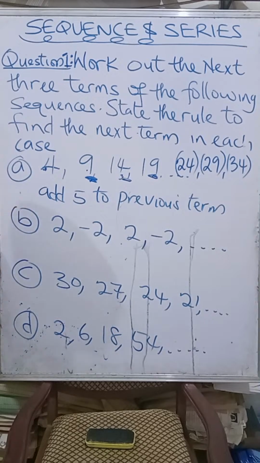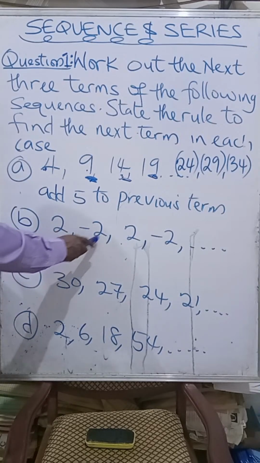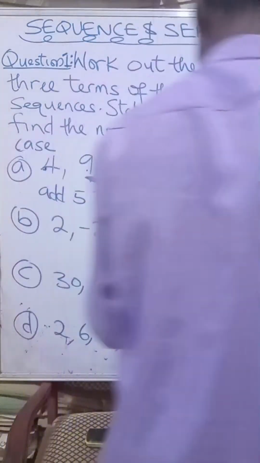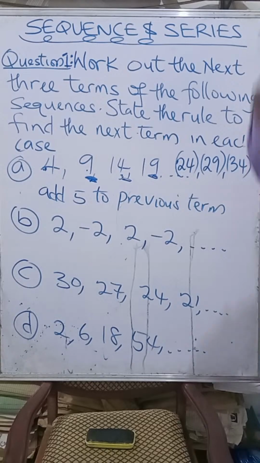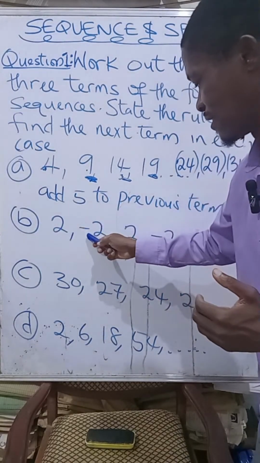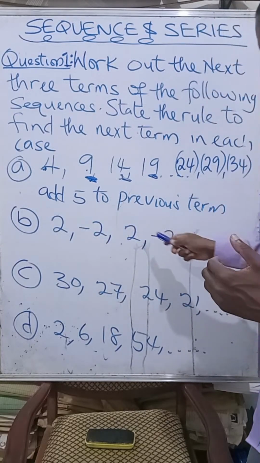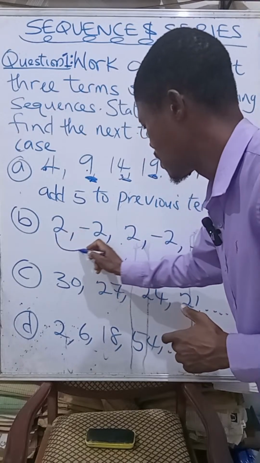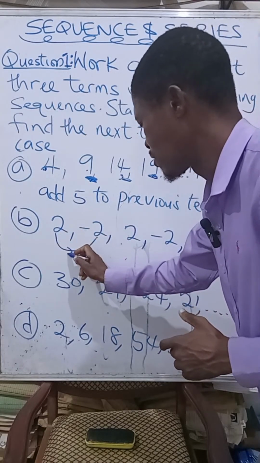The next one we have here is 2, minus 2, 2, minus 2. You can see the number is just 2, 2, 2, 2, but there is an alternating sign. This is positive, this is negative, this is positive, this is negative. So if you check it now, from here to this place, that means times what?